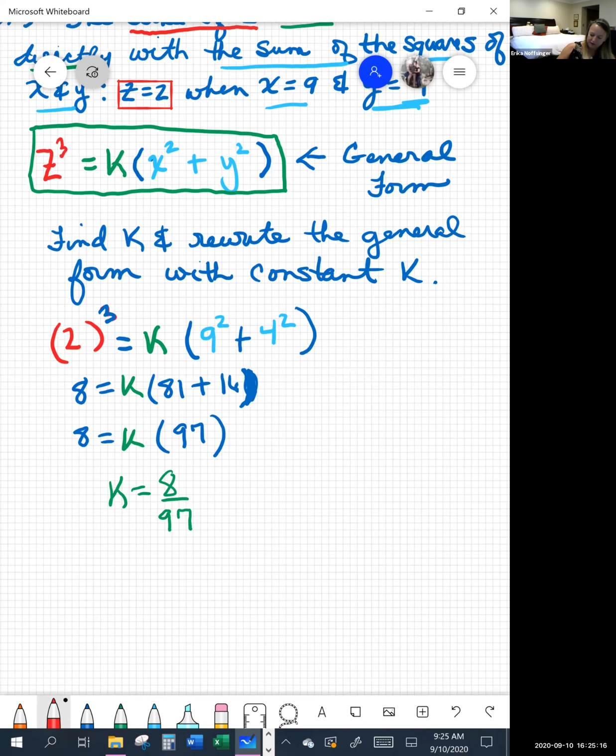So our formula is Z cubed is equal to K, which is 8 over 97, all times X squared plus Y squared.